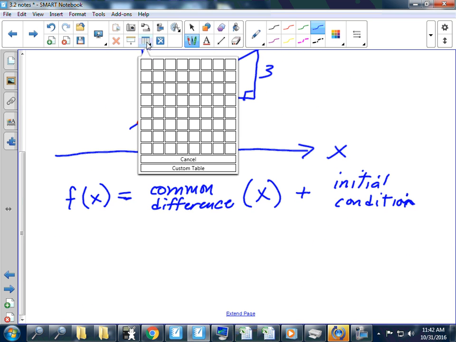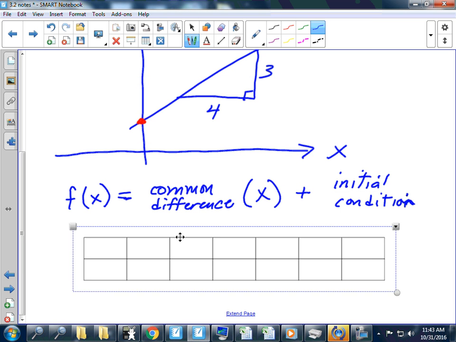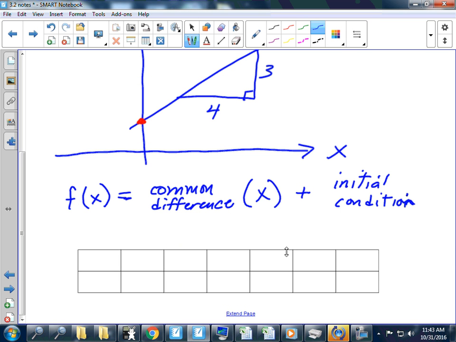And we're also going to look at this from a tabular standpoint. So if we have x and f of x, a function of x. And again, sometimes when we get started with that function notation, you think that's f times x, but it's not. It's a function of x.